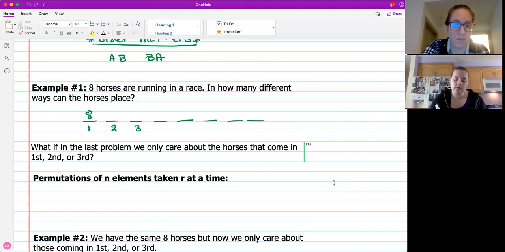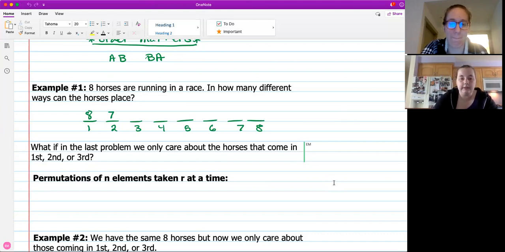In 2nd place, since 1 horse has already won, we now have 7 horses that can take that spot. In 3rd place, 2 horses have already won, so we have 6, and so on and so forth. It just goes down like that.